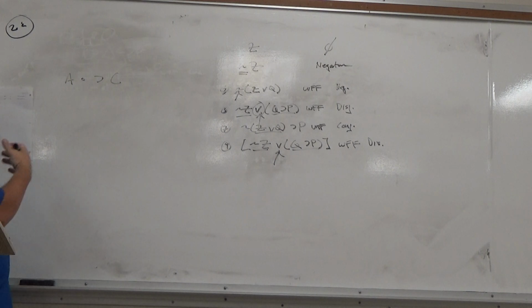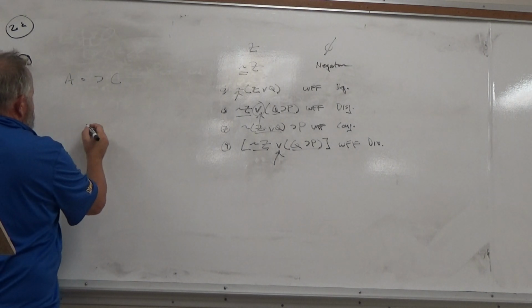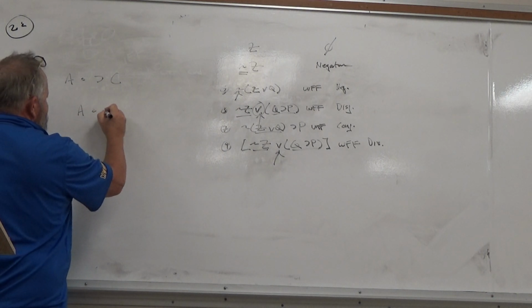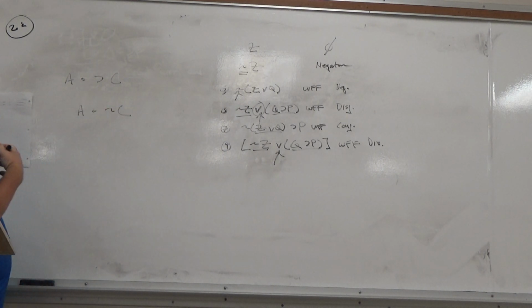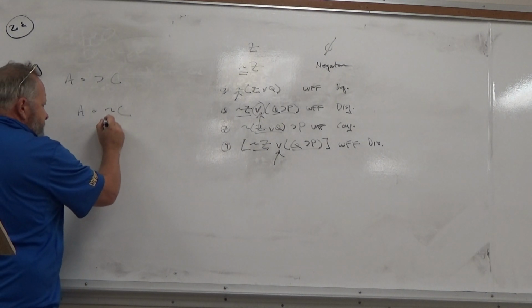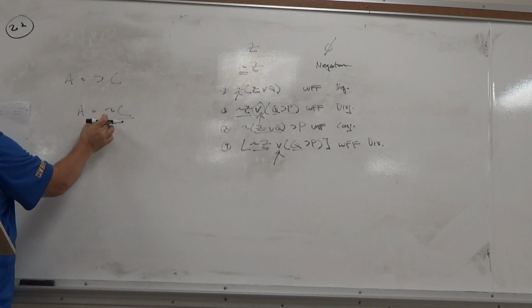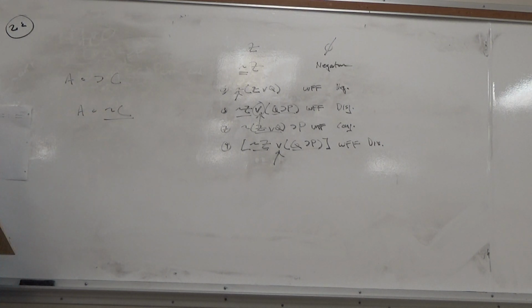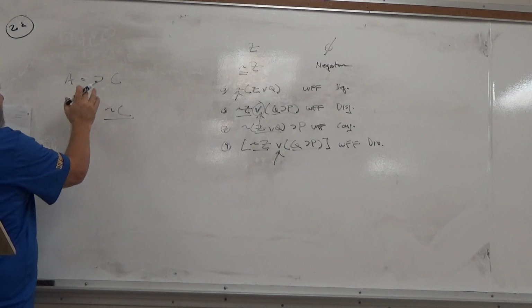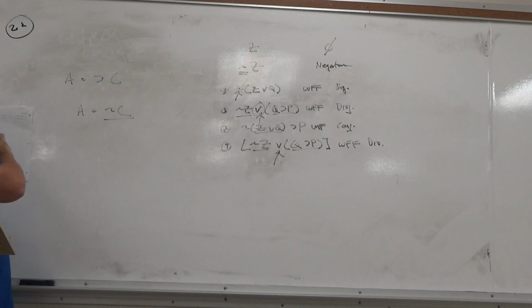The only time you can have one operator after another is, for example, suppose I have A and not C. That's okay because the not, we know, always attaches first to what's immediately to its right. Does everybody understand that? So here we have two operators in a row, and here not really, right? So this would be unacceptable, would not be a well-formed formula, but this one would be, okay?